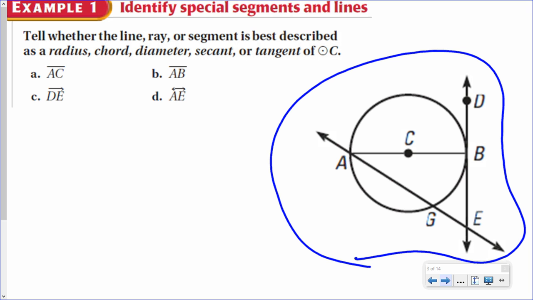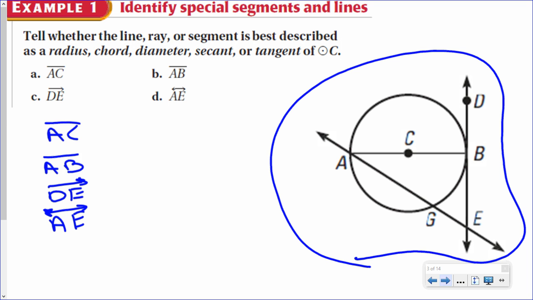Now, what we want to do for our problems, we want to go AC, AB, ray DE with an arrowhead over the E, and then AE with arrowheads on both sides. So that's a line.